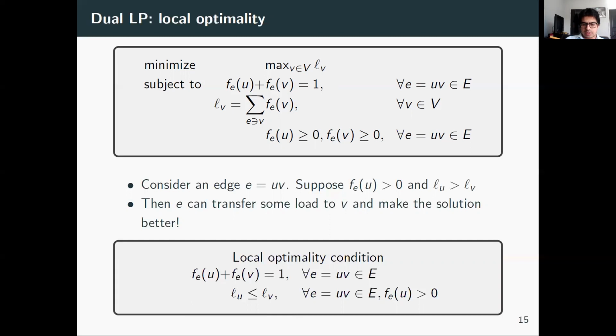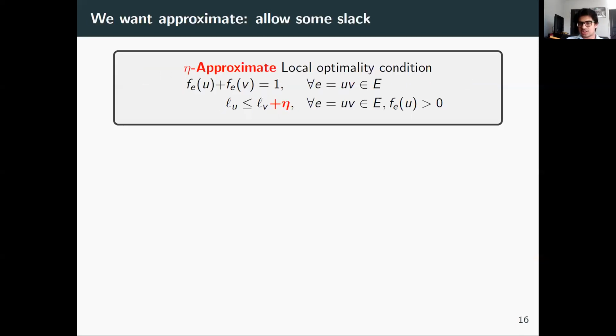Note that we're only trying to get an approximate solution, a 1 plus epsilon approximate solution to the problem, so we'll adjust our condition a little bit. We'll allow for a slack of eta. This eta can be any number for now. Think of it as any number, and we'll formulate eta as we require it for our solution.